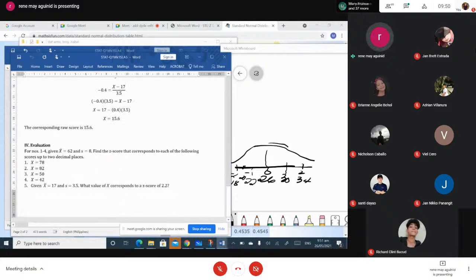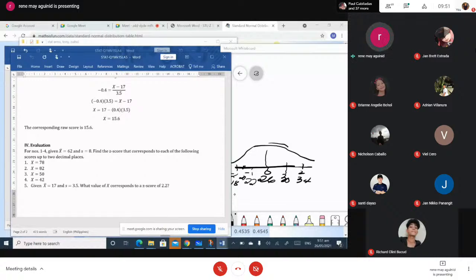Okay, so evaluation na dayon. Given your sample mean that is 62 and your sample standard deviation is 8, now you're going to determine the z-score into decimal places for the scores equivalent to the following numbers here. What value of x corresponds to the z-score of 2.2?